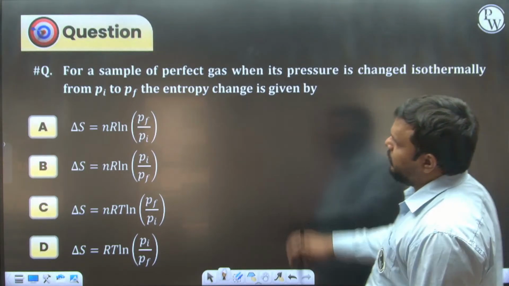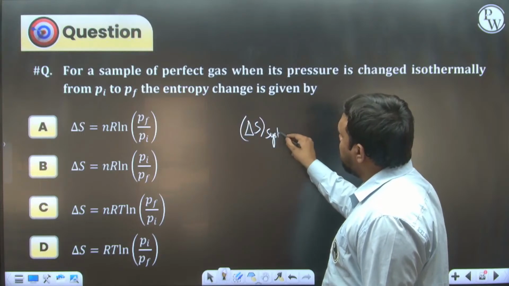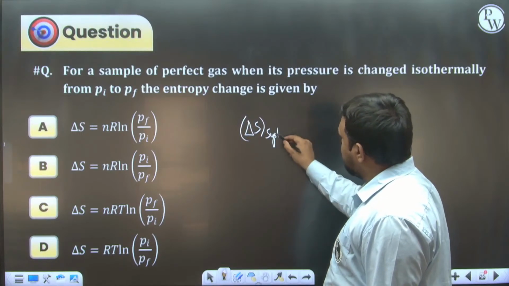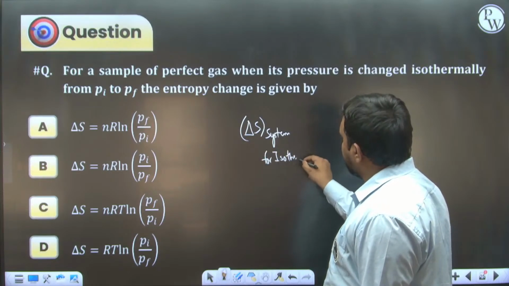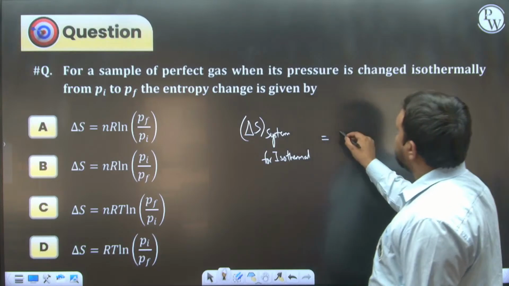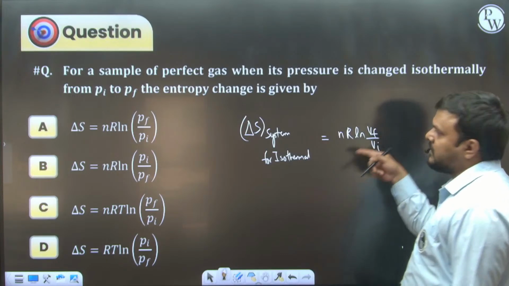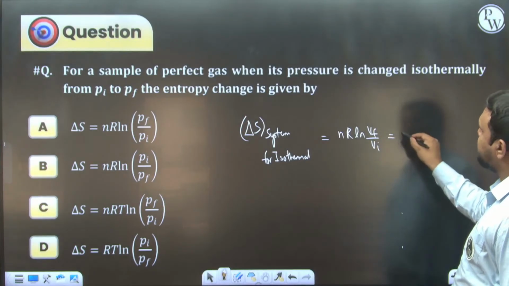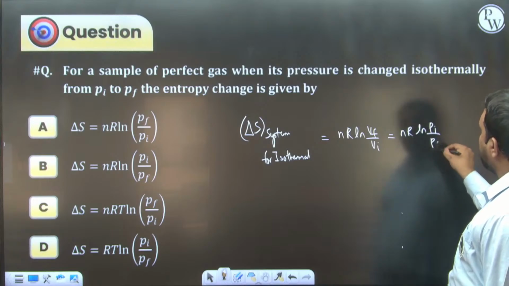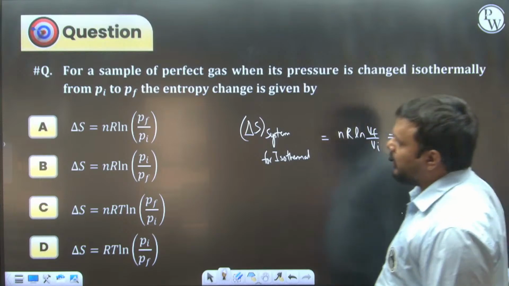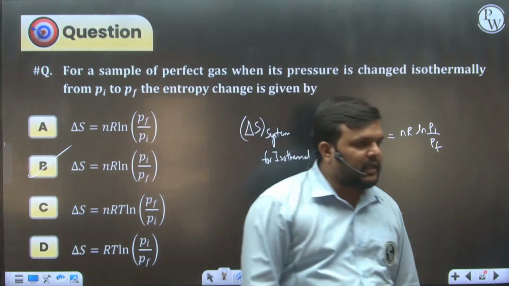Already I told you that the entropy change delta S system for isothermal was nR ln V final upon V initial, but they didn't ask us in terms of volume. They asked this in terms of pressure. So it is P initial upon P final. So we got nR ln P initial upon P final. This B option is our answer. Okay.